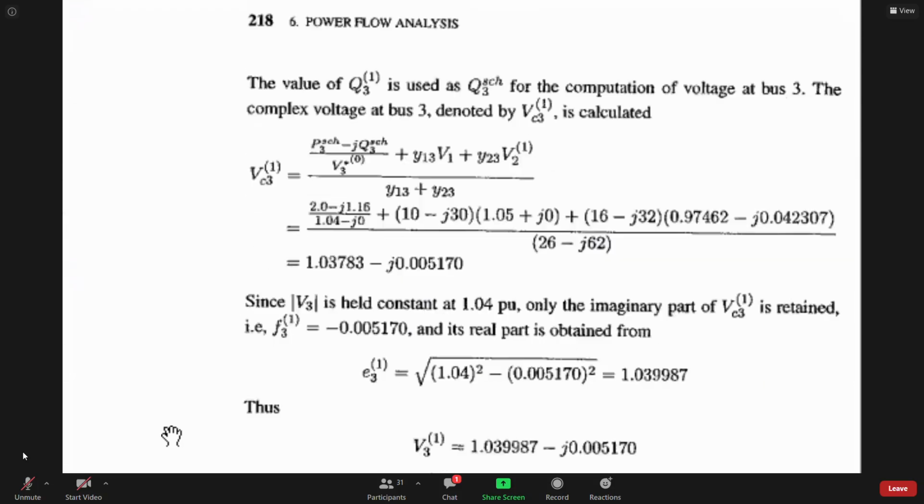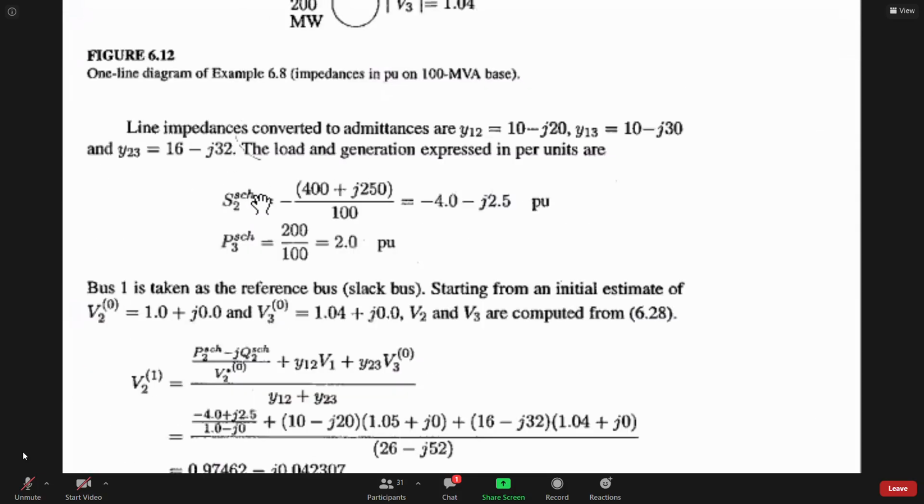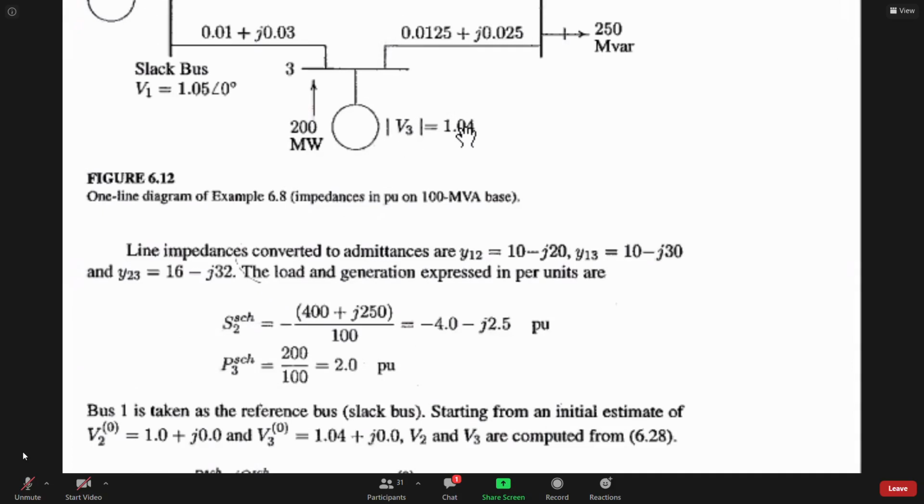And if we want to compute the voltage of bus 3, the value of Q3 is used to find the voltage for bus 3, VC3, which is the calculated value of the voltage of bus 3. But earlier, bus 3 voltage was already given, right? It is a constant value.